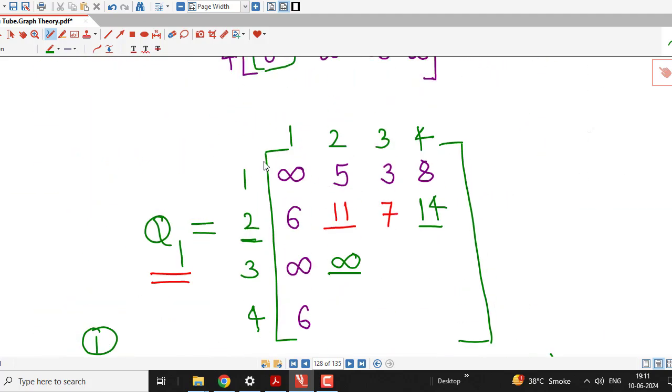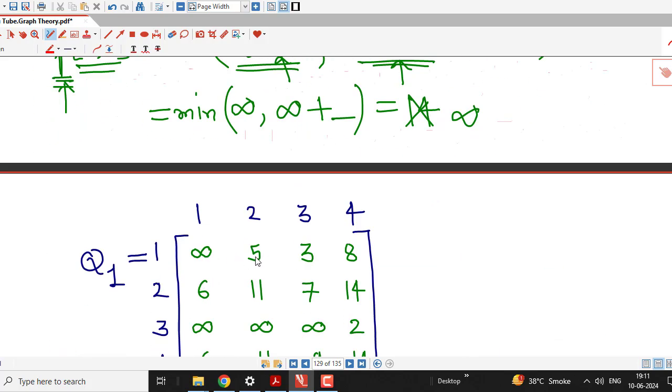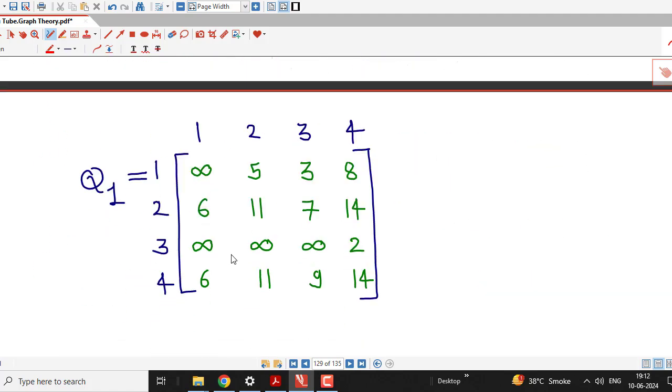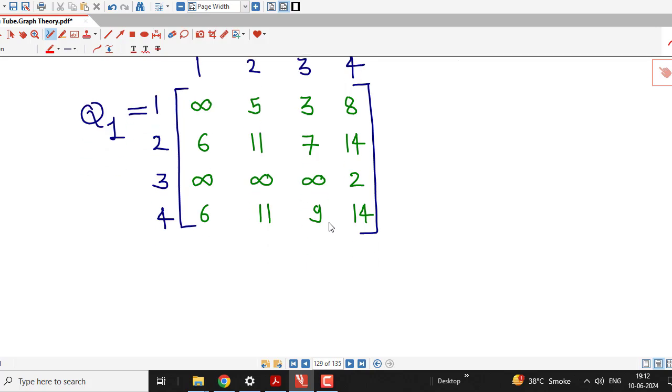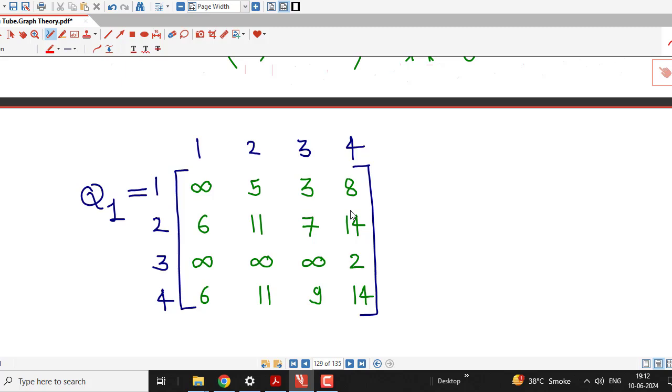We can verify these calculations with the matrix which I have written: infinity, 5, 3, 8. So you can see this is infinity, 5, 3, 8. Here I have 6, 11, 7, 14. So this is 6, 11, 7, 14, then infinity and infinity. You can verify other entries also. Now using Q1 I have to write Q2, and I have to go up to Q4 because I have 4 vertices here.